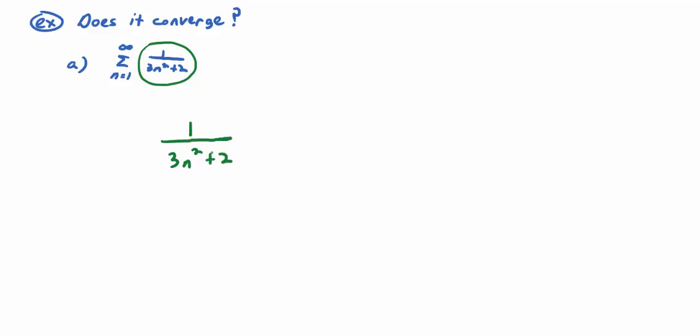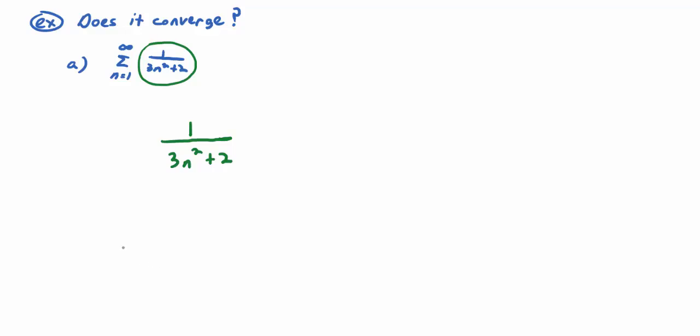It would be nice if we can compare it to a sequence where we know what the terms do when we add them, like a p-series or a geometric series, something that we can easily see converges or diverges. Maybe it's not obvious now, but it will be.